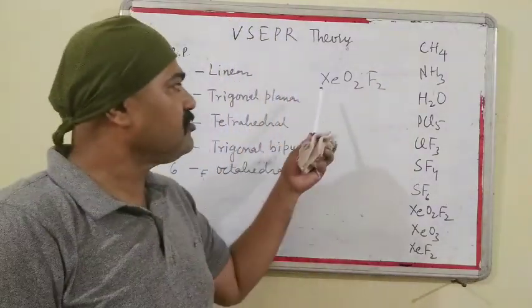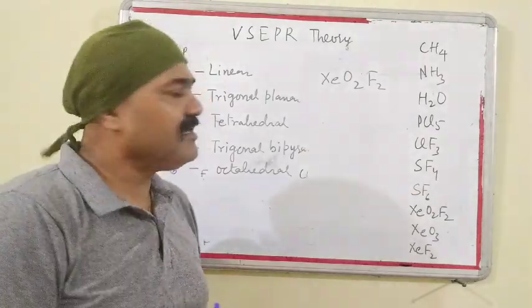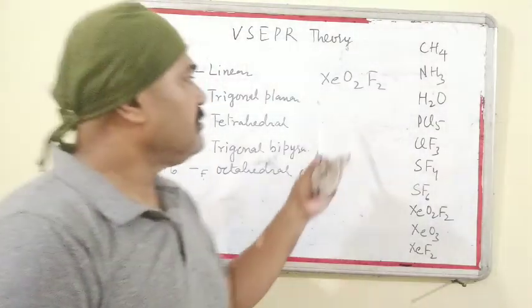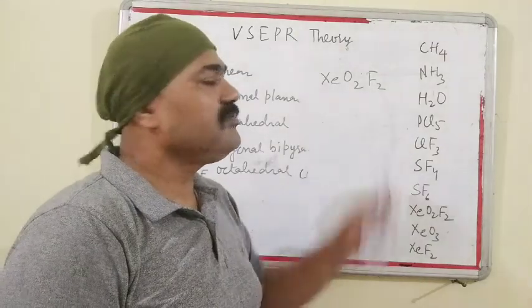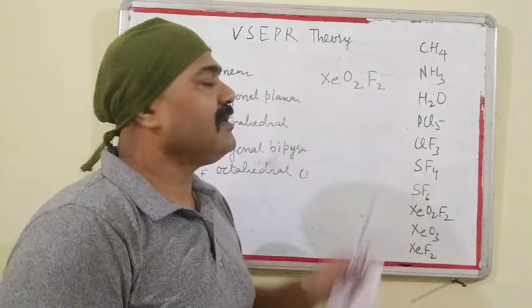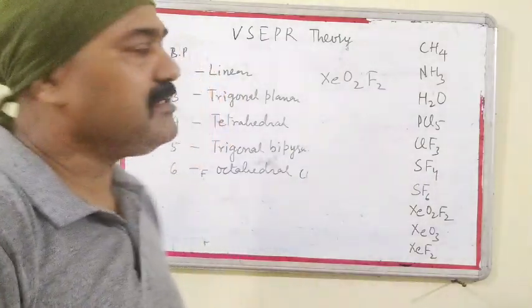In the outermost orbit of xenon there are 8 electrons. 2 combine with 2 fluorine atoms, and 4 combine with 2 oxygen atoms.